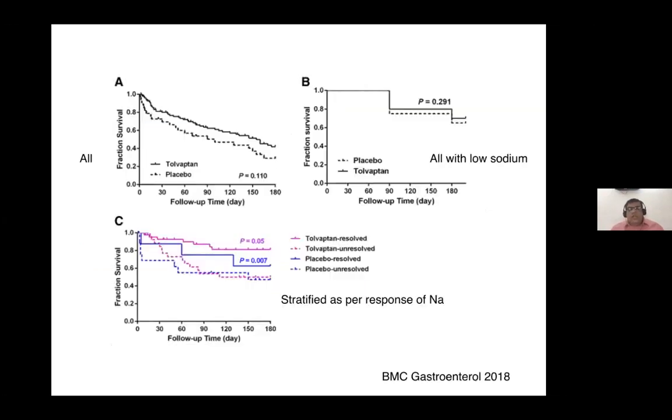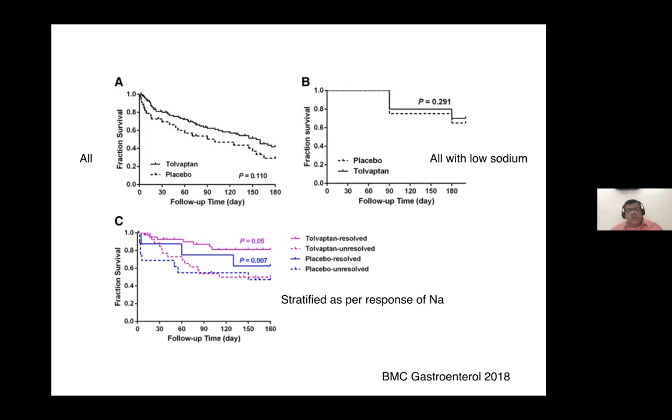So this was a study published in BMC Gastroenterology in 2018, which showed that overall patients who received tolvaptan actually benefited in terms of survival. And when they looked at the subgroups, it was patients who responded to tolvaptan where the sodium levels normalized.